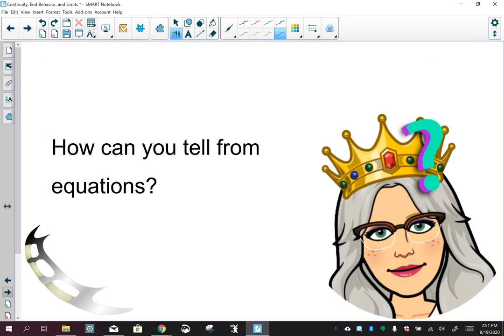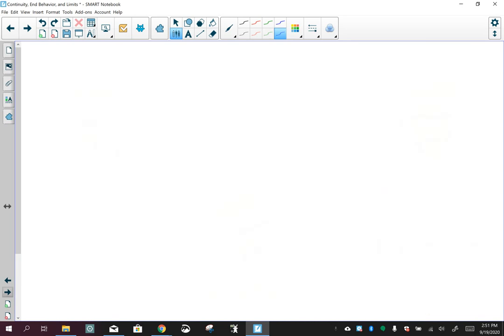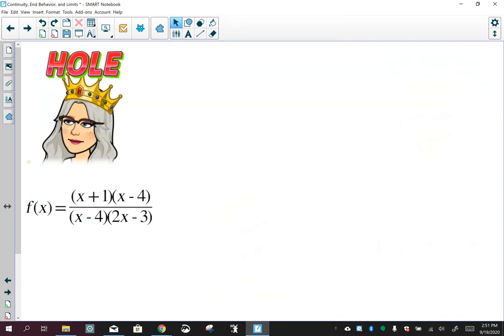So this is fine if you have graphs and everything, but how do you tell from equations? Well, equations can be kind of tricky. So I'm going to show you just a couple examples of equations that have discontinuities in them. On the first one, your holes, you will notice here I have a hole, and I know this because this and this are going to cancel out.